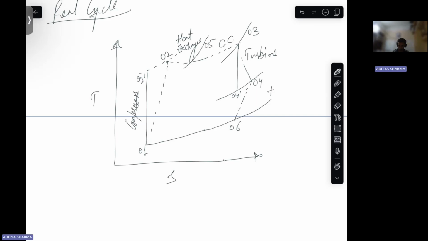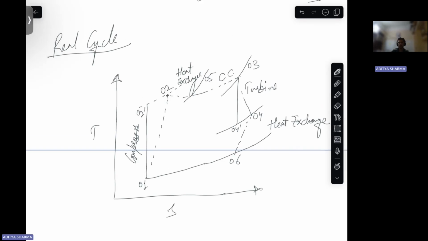Again, here your heat exchange. Exchange is here, right? So in reality, your Brayton cycle looks something like this.